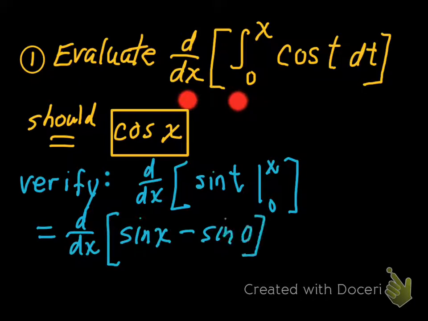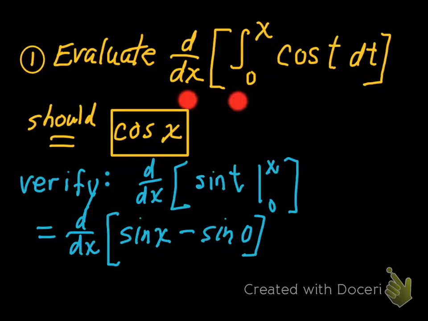Well, this means I'm going to differentiate the sine of x minus the sine of 0. We simply put in the upper limit minus and then plug in the lower limit. Now we're going to go ahead and differentiate that.